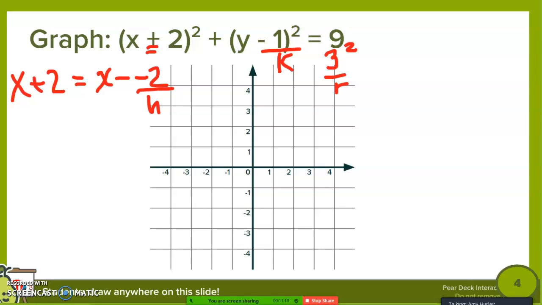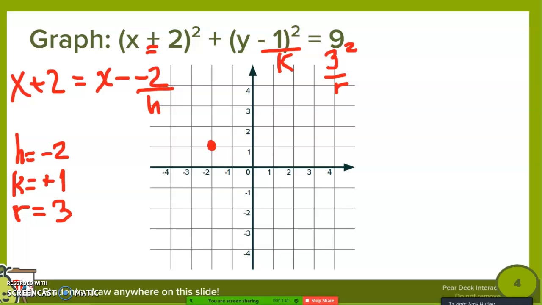So we know h is negative 2, k is positive 1, and 3 is r. So now hk is negative 2, 1. There's our hk, our center right there.